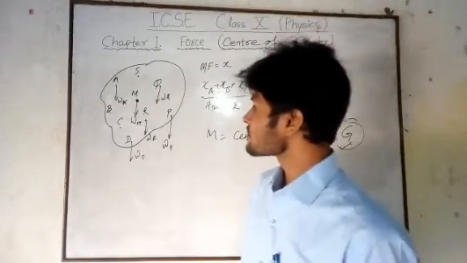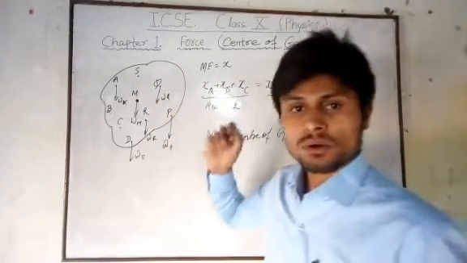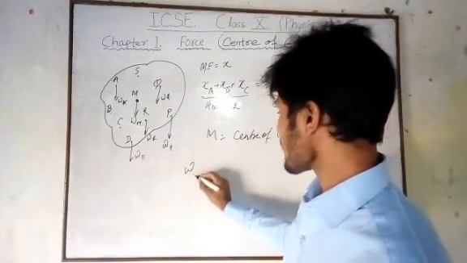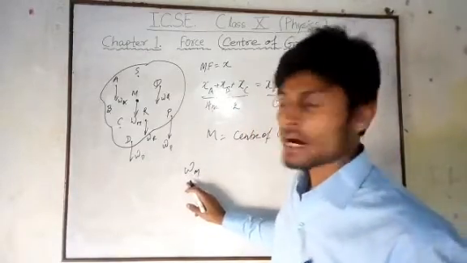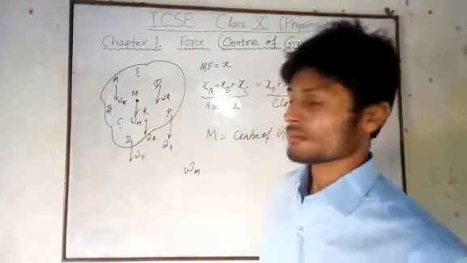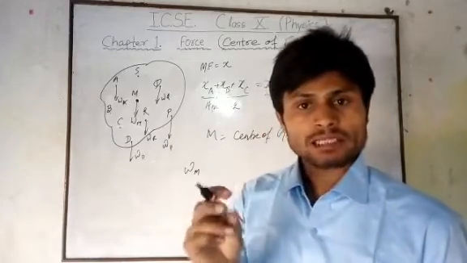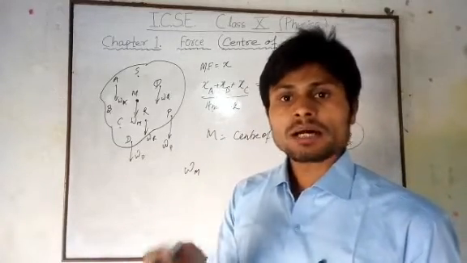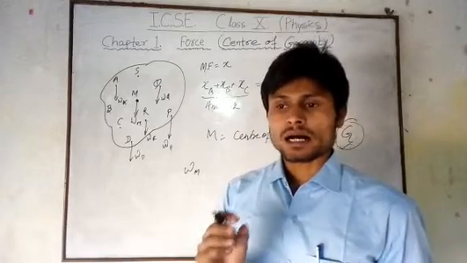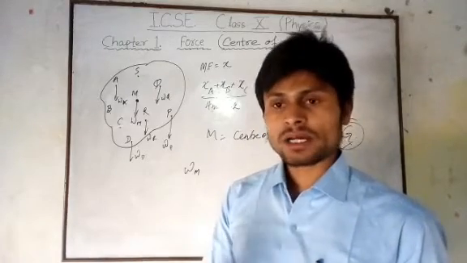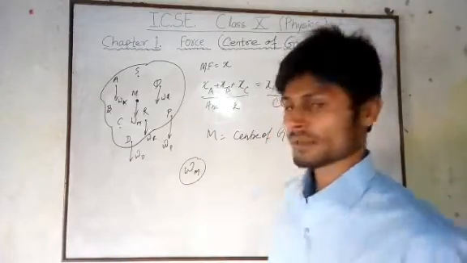Now think that the point M has its own weight Wm. It is the weight of the particle at the point M. If M exists alone, then it has the weight Wm.